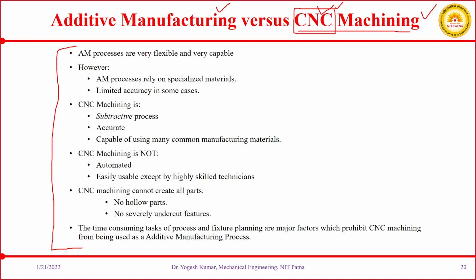The first important advantage of additive manufacturing processes is that they are very flexible and very capable. You only need to create the 3D model of the component you want to produce, and you can directly print it. It is as simple as printing a text file at any shop.